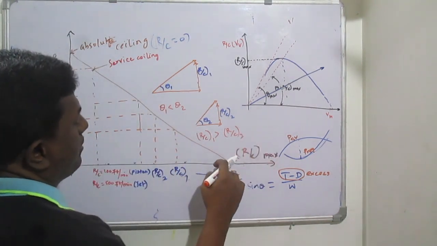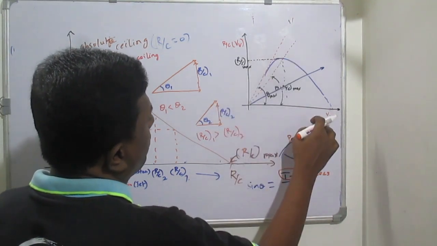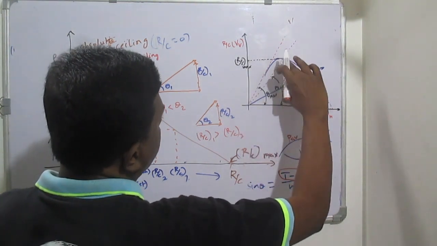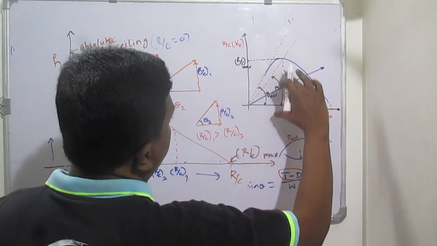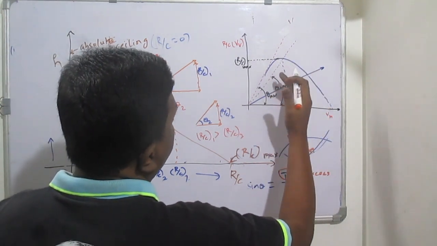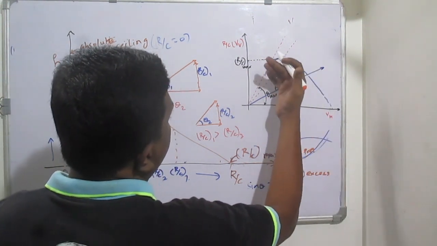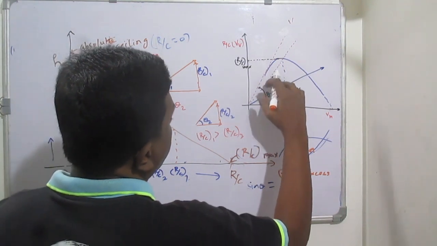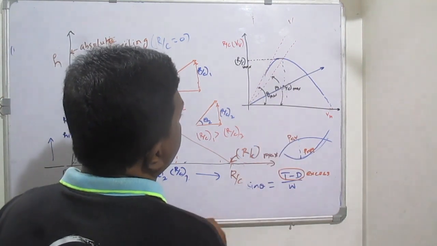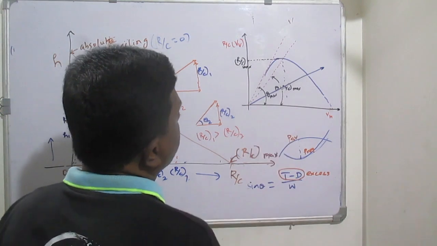Even in this graph, which we have drawn for a particular altitude, we achieve the maximum rate of climb at a particular angle. Beyond the maximum rate of climb, we can go up to the maximum angle of climb, and in that condition our rate of climb is smaller.